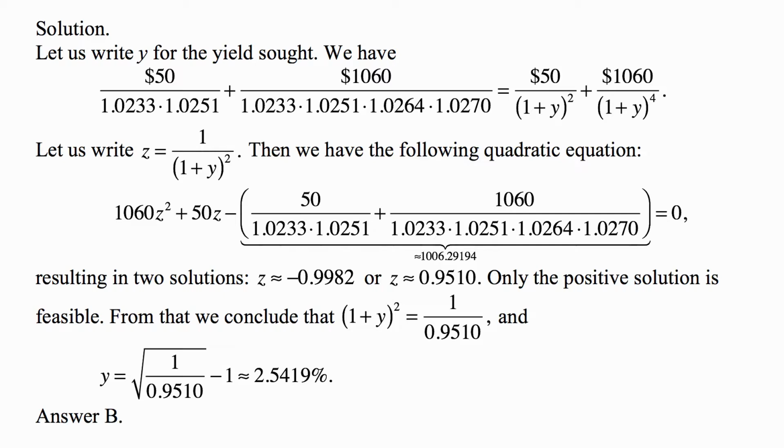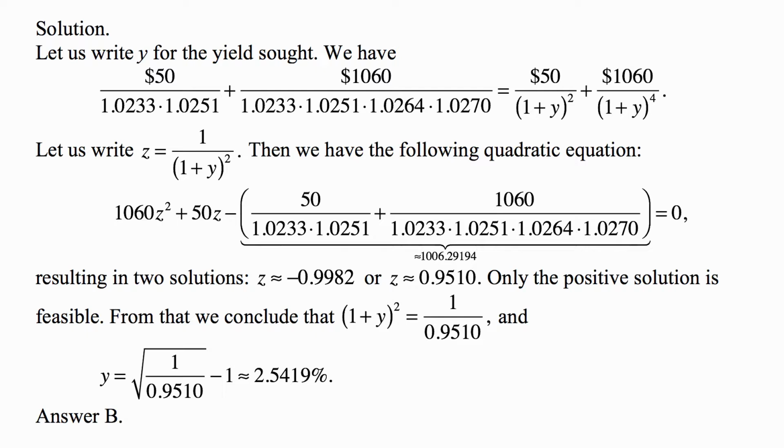Then discounted from time 3 to time 2, using the rate of 2.64%, so that's where the expression 1.0264 comes from. And then the same rates as were used for discounting 50, now I used it for discounting 1,060 after it's already discounted to time 2. It's discounted then from time 2 to time 1 and from time 1 to time 0.